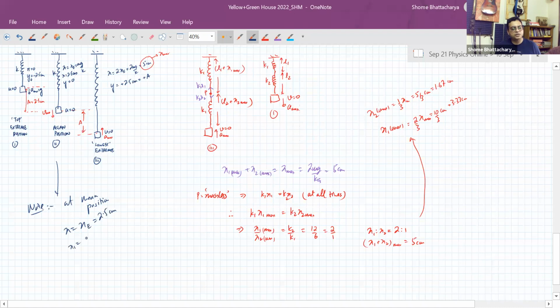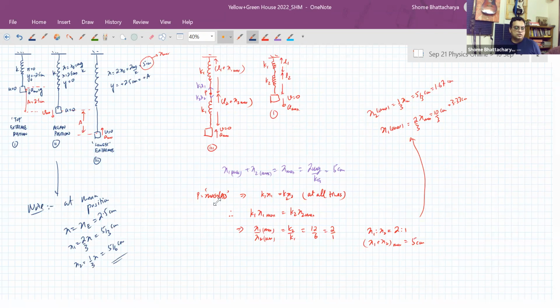So x1 will be again 2/3 of x, so it will be 5/3 centimeters, and x2 will be 1/3 of x, it will be 5/6 centimeters. So this is like the complete analysis of this kind of system. This is more like a sort of JEE Advanced type of analysis, because we're doing a lot more than just finding the time period or finding the amplitude alone.